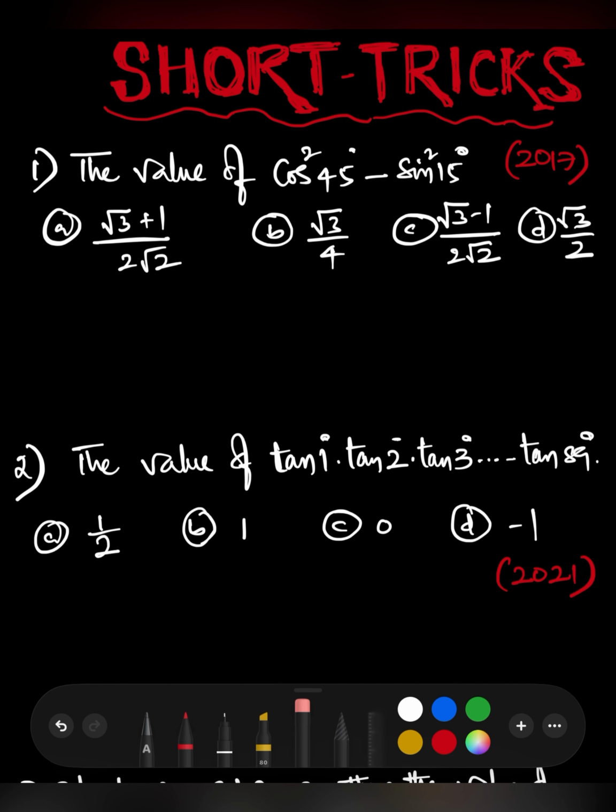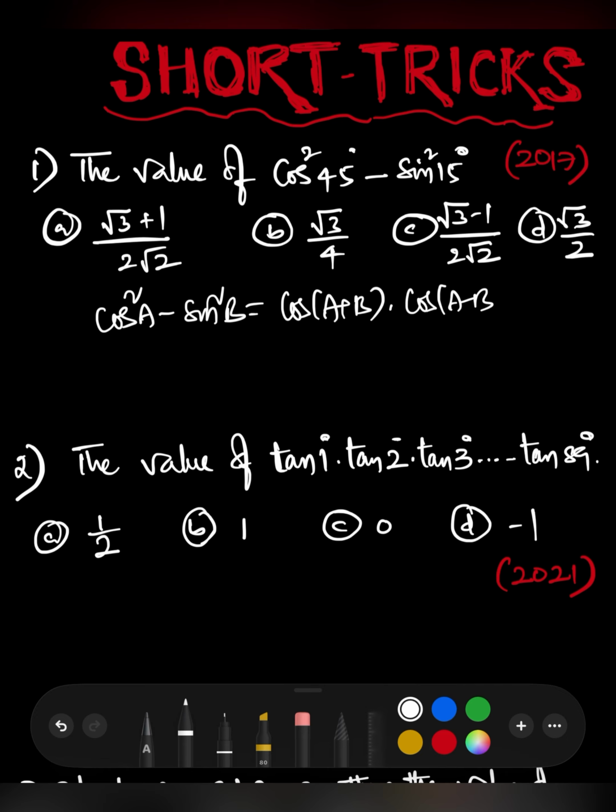To solve this question, there is a very helpful formula: cos square A minus sin square B is nothing but cos of A plus B into cos of A minus B. Here A is 45 and B is 15. So we get cos 60 into cos 30.